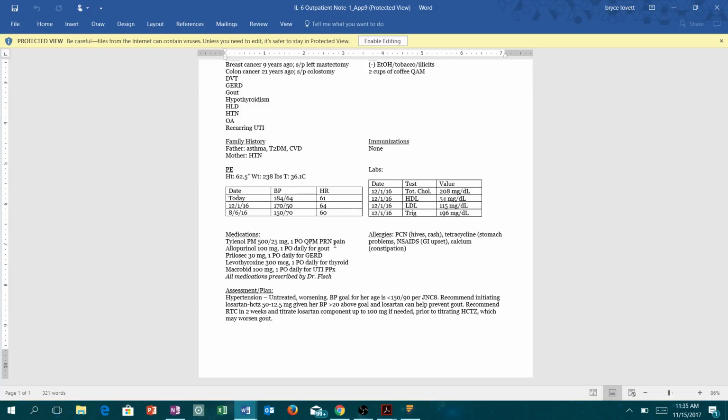Okay, they're on 12 medications, and you're at an outpatient clinic.